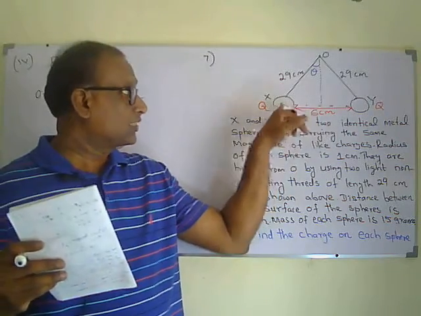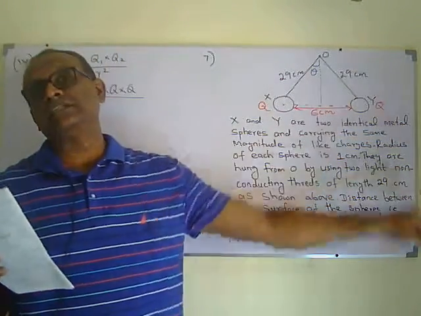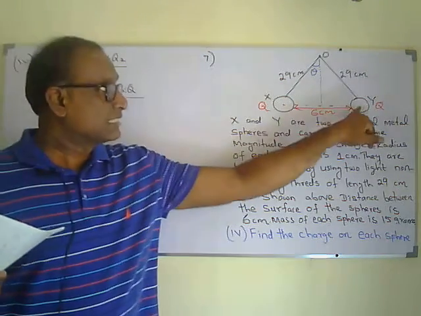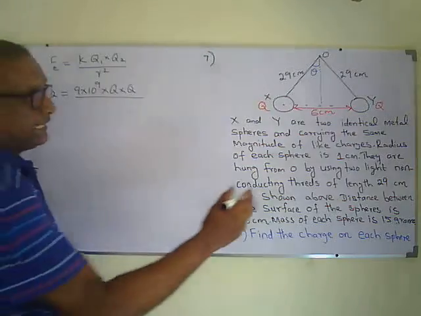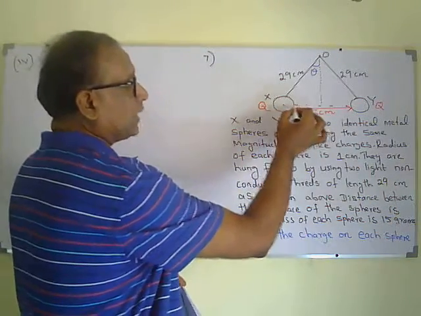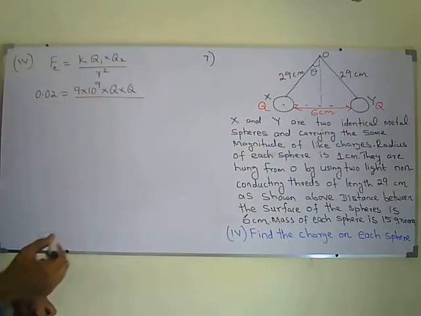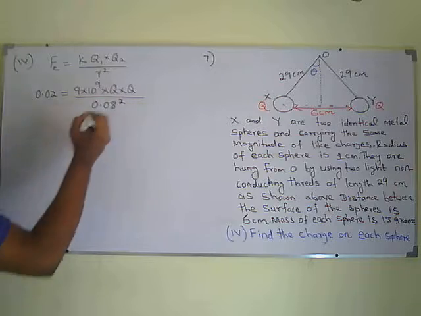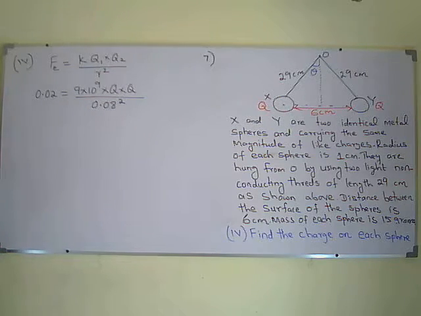No, it's 8, because it is center to center. Each sphere has a radius of 1 centimeter, so 1 plus 6 plus 1 is 8 centimeter. Convert to meter, so it will be 0.08 squared.